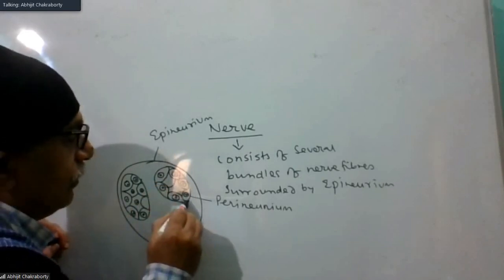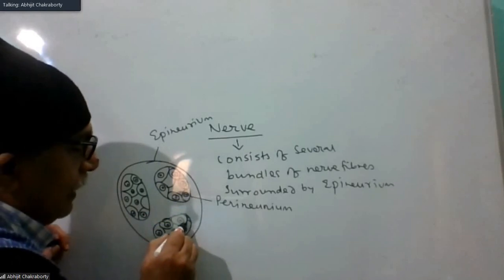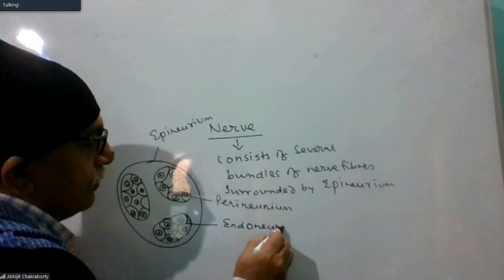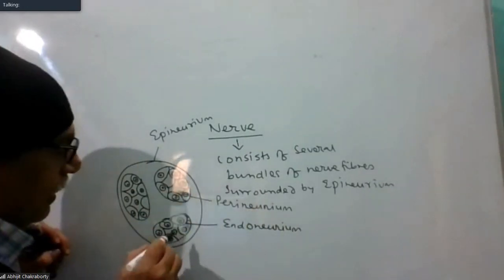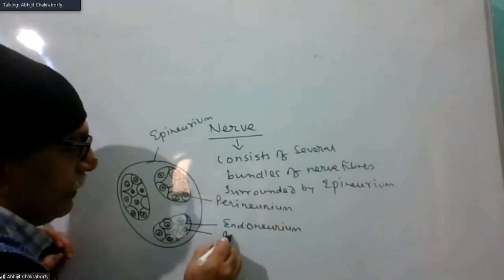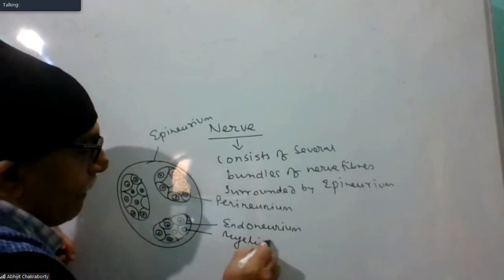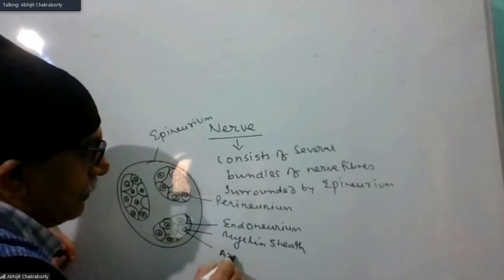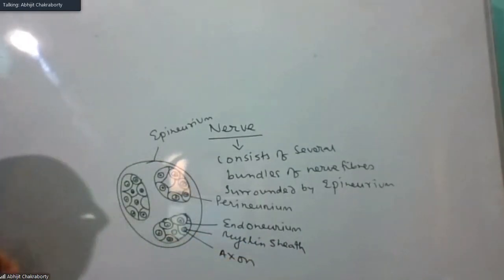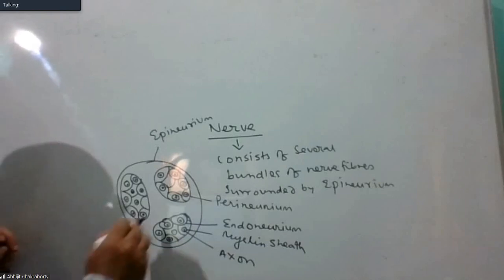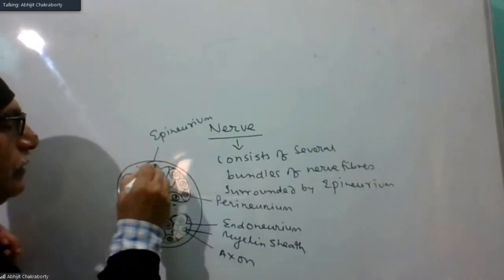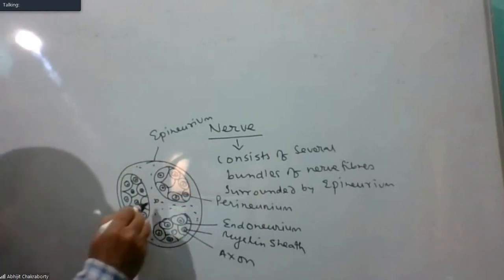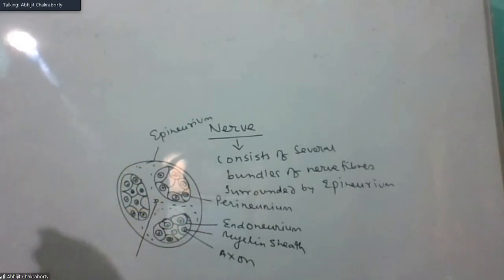These membranes are called perineurium, then inside you will get endoneurium. This is the myelin sheath, and in the center you will get the axon, the nerve fiber, and here you will get some blood vessels.